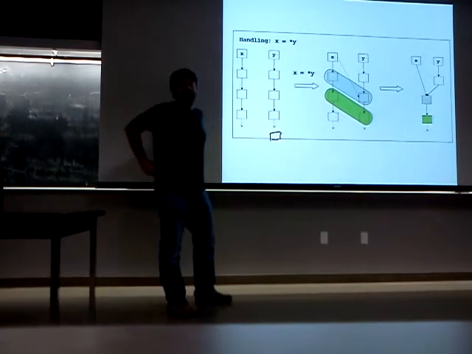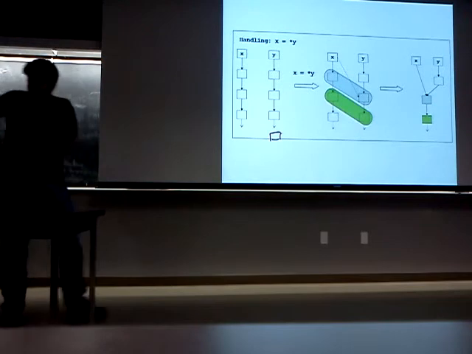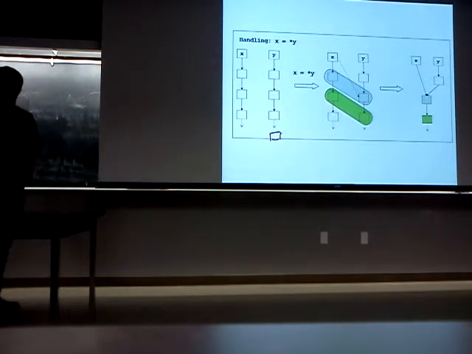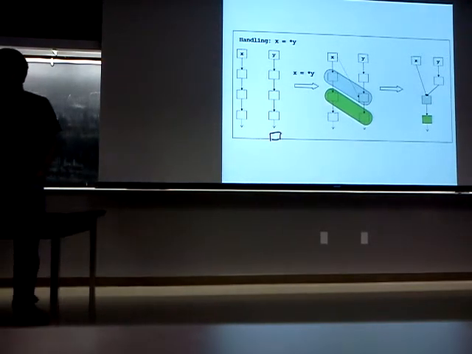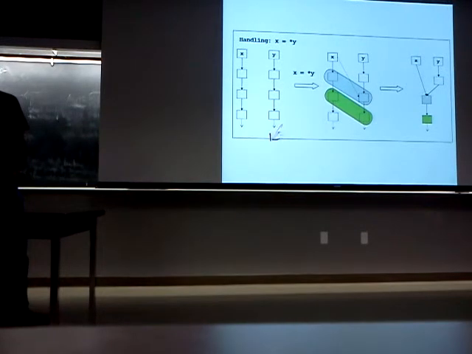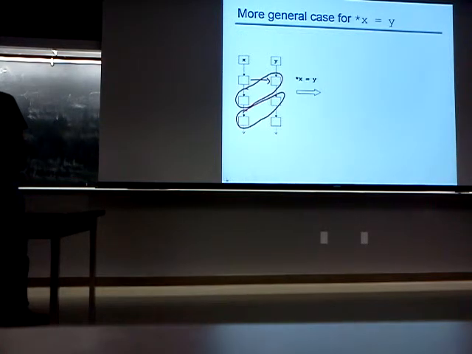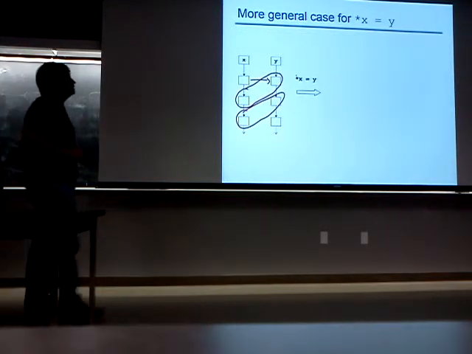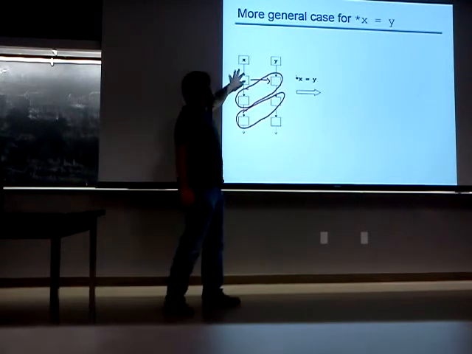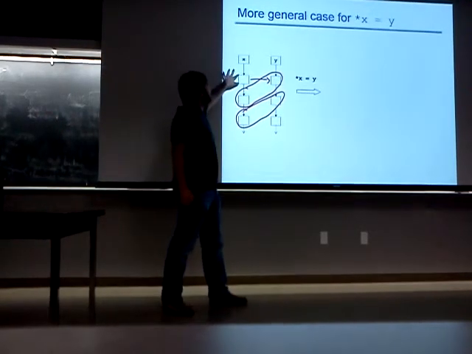I just asked because when you said x points to y, why did you draw the arrow from the second element in the x chain to the second element in the y chain and not just to y itself? Because this is star x equals y, it's not x equals address of y.